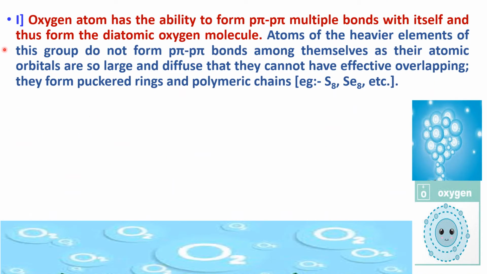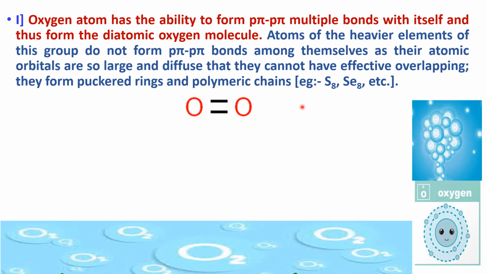Oxygen atom has the ability to form pi multiple bonds with itself, thus forming a diatomic oxygen molecule, O2. Atoms of the heavier elements of this group do not form pi bonds among themselves, as their atomic orbitals are so large and diffuse that they cannot have effective overlapping.